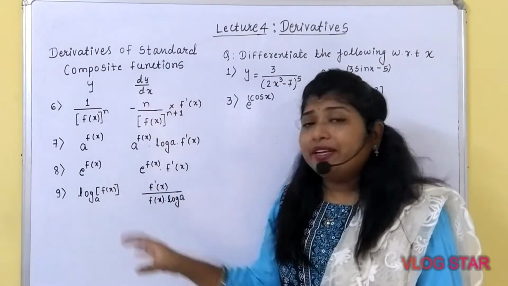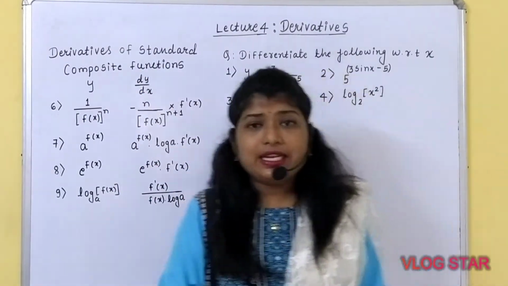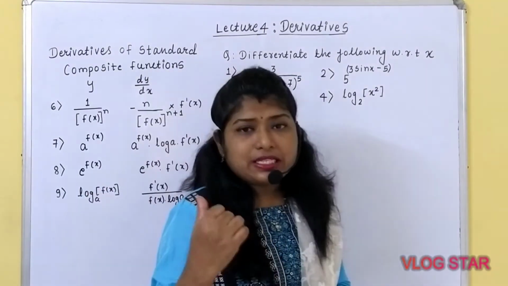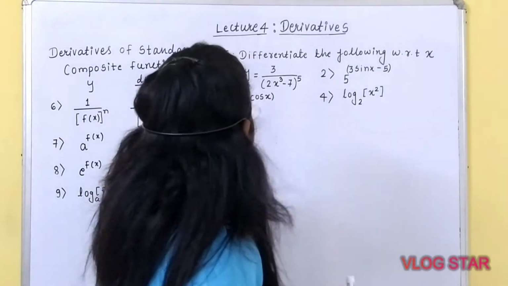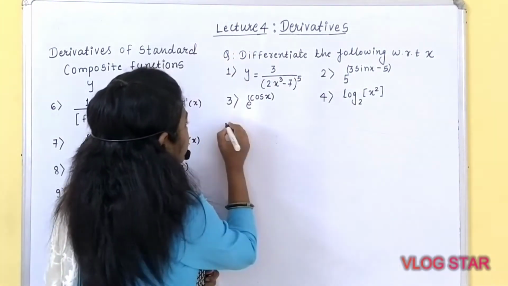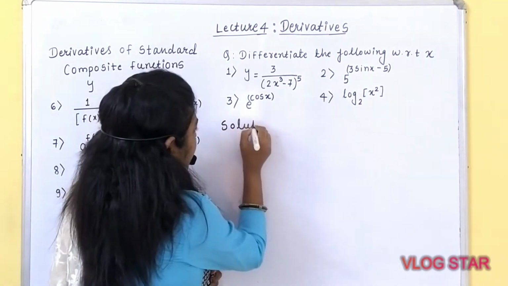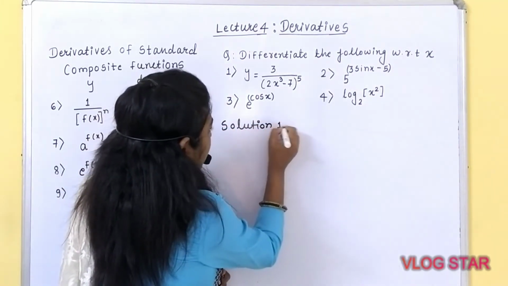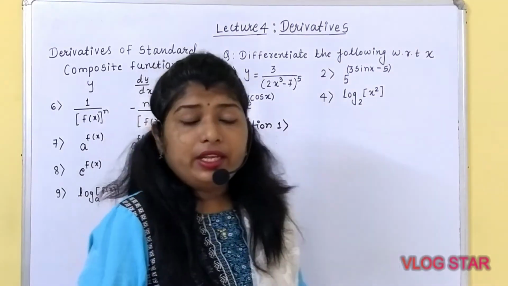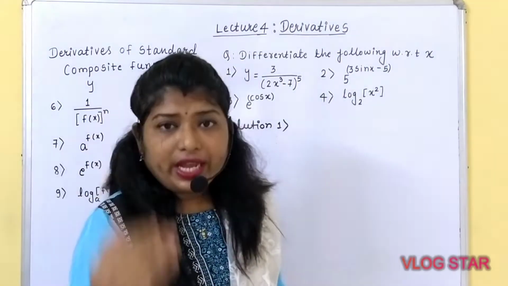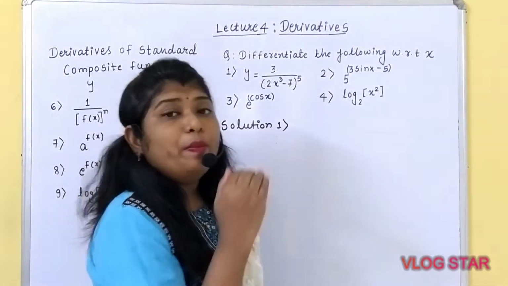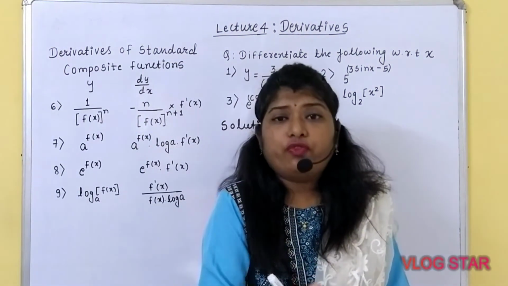So to understand these formulas, let's consider a few examples. Let's begin with example 1. What is given? y is equal to 3 upon 2x cube minus 7 whole raised to 5.